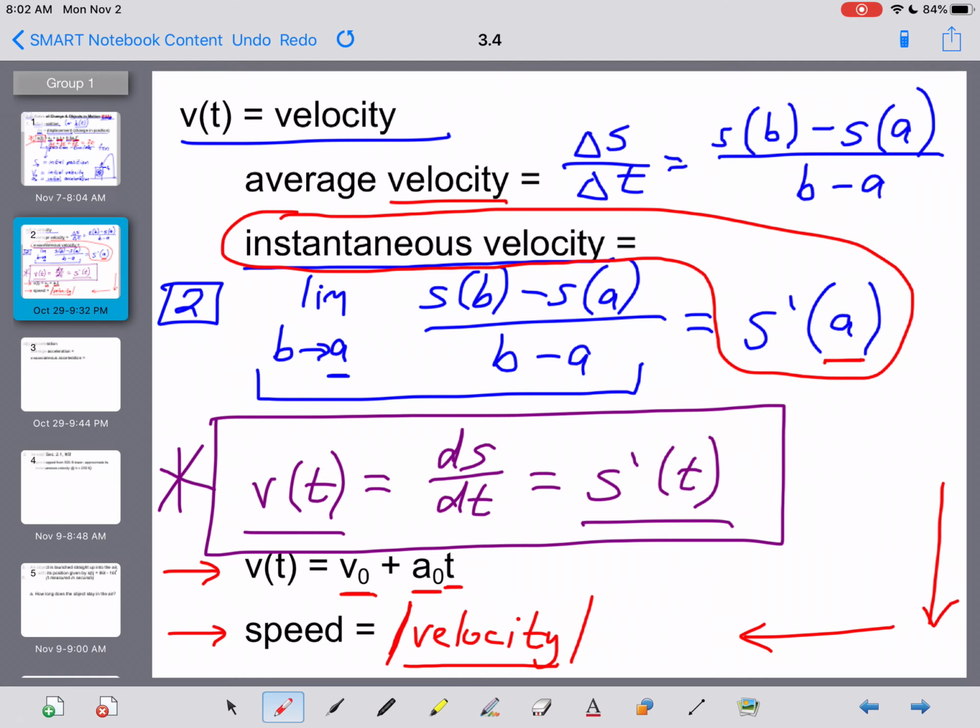But since we're defining speed as the absolute value of velocity, speed can never be negative. Velocity can be, but speed can never be negative. Be careful, that's not quite the same thing as saying speed has to be positive, because they could both equal zero. But it is true to say that speed is never negative.